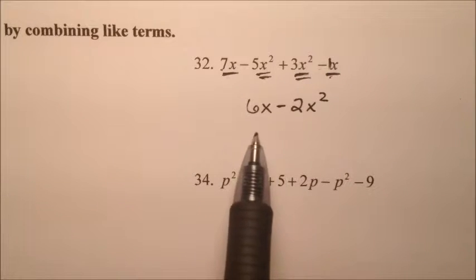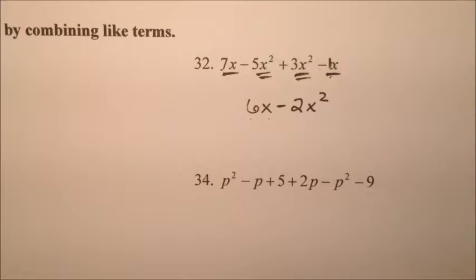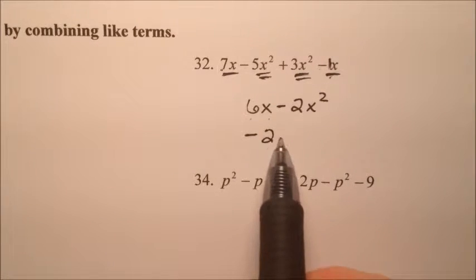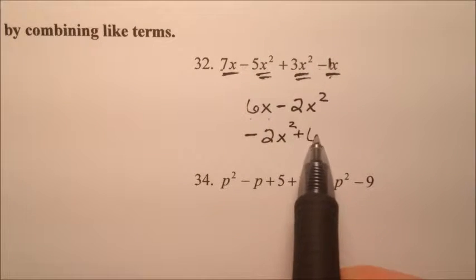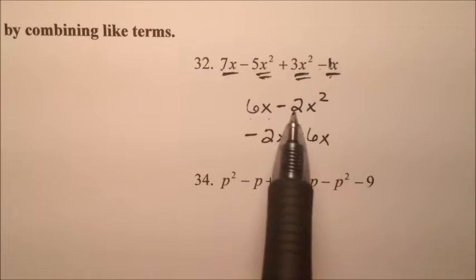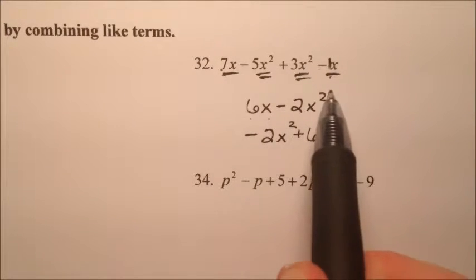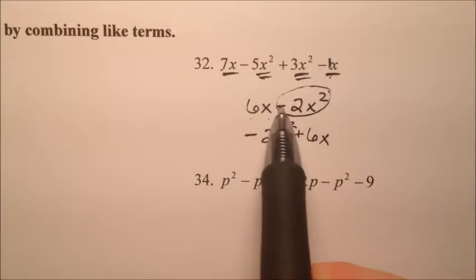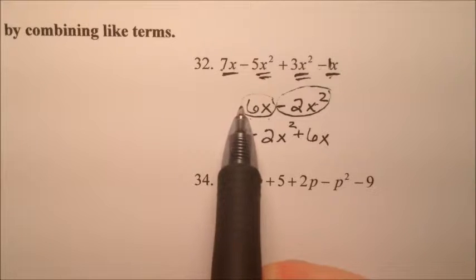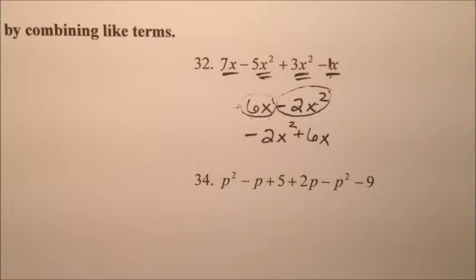So number 32 is 6x minus 2x squared. And let me make a point that it's perfectly fine to say negative 2x squared plus 6x if you would rather write it that way. When you are reordering terms, always keep the sign in front of the term. So the negative goes with the 2x squared, and the 6x isn't negative, so it's considered positive, so that's why the plus sign went in front of it.